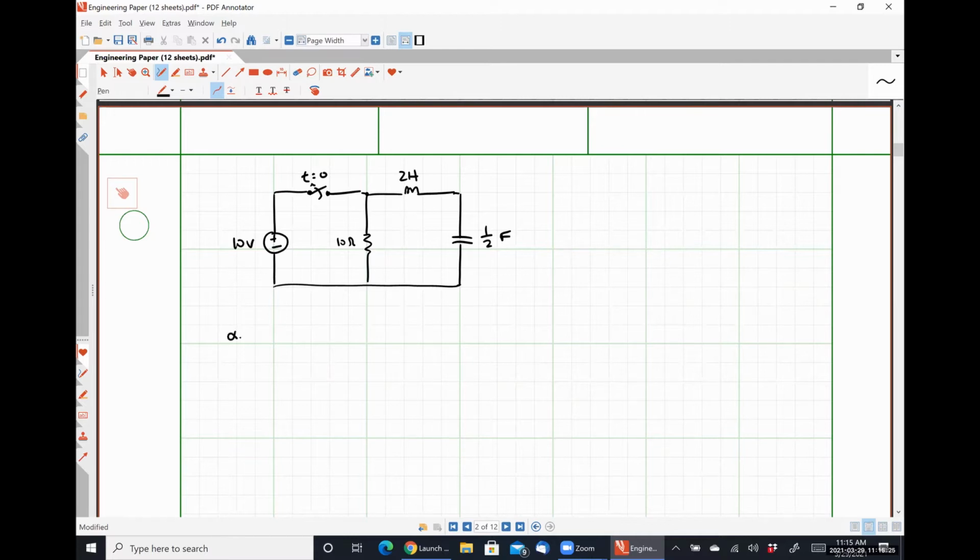So alpha is R over 2L, which is 10 ohms over 4 henries, which is 2.5 nepers per second. Omega naught is 1 over root LC, which is 1 over the square root of 1, which is 1 radian per second.